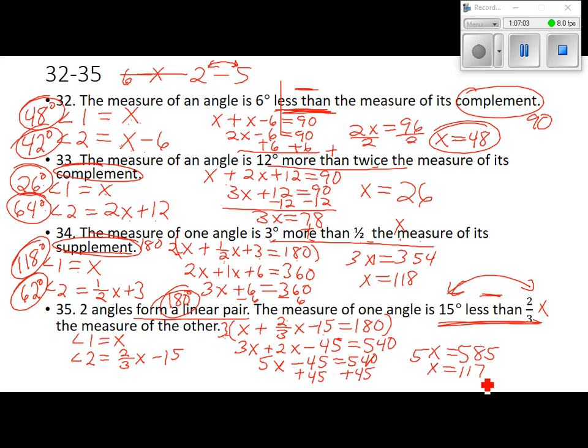We go back over here. This angle then is 117 degrees. Another one, I really don't want to plug in there 117 and figure out what 2/3 times 117 is. So since I know that they add up to 180, I just take 180 minus 117 and I get 63 degrees.